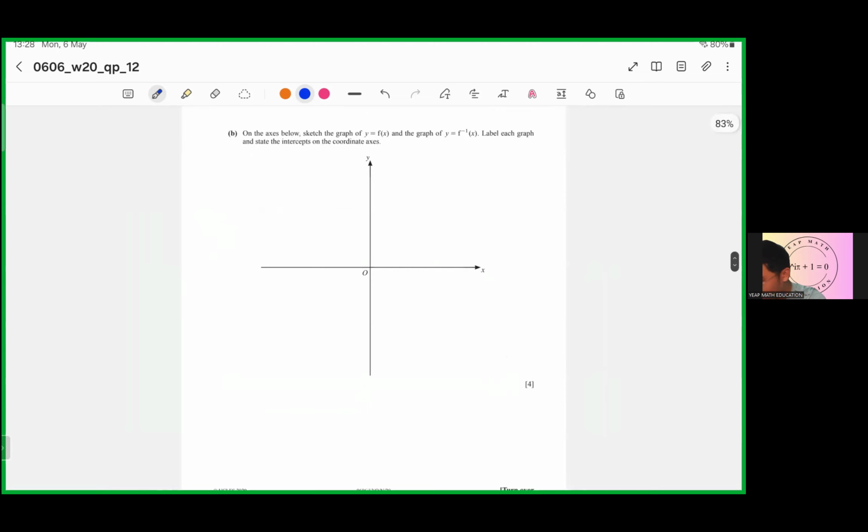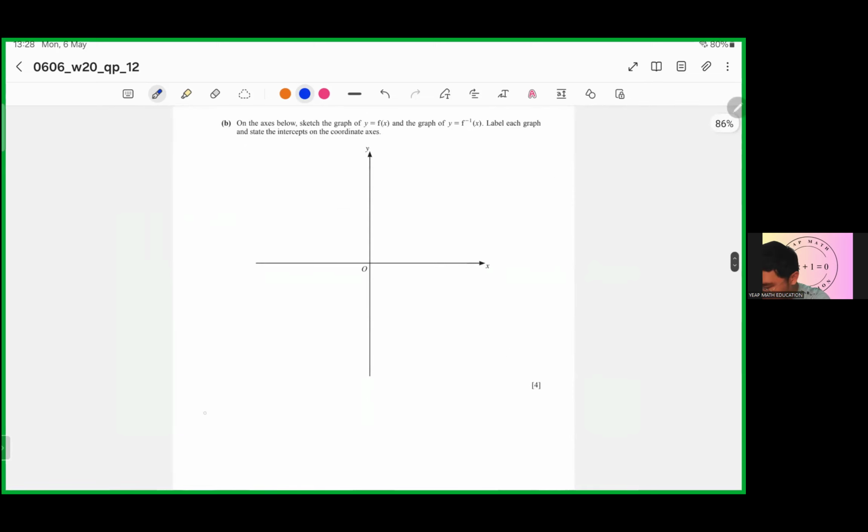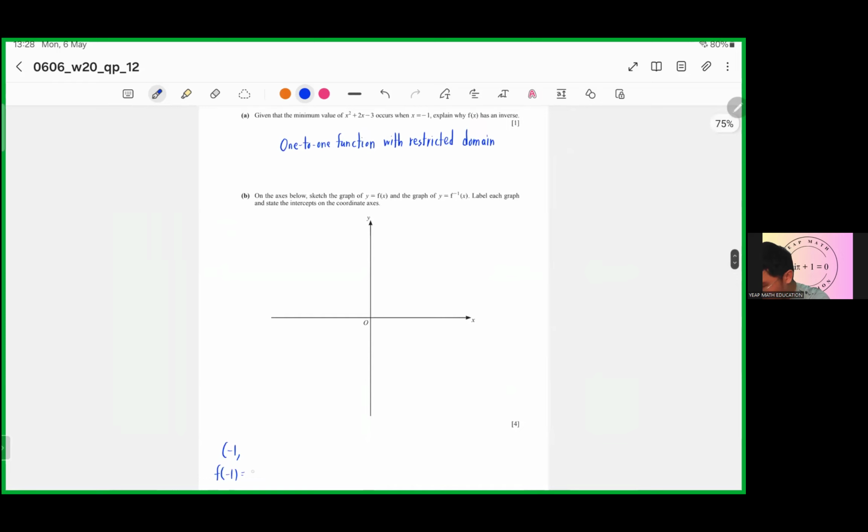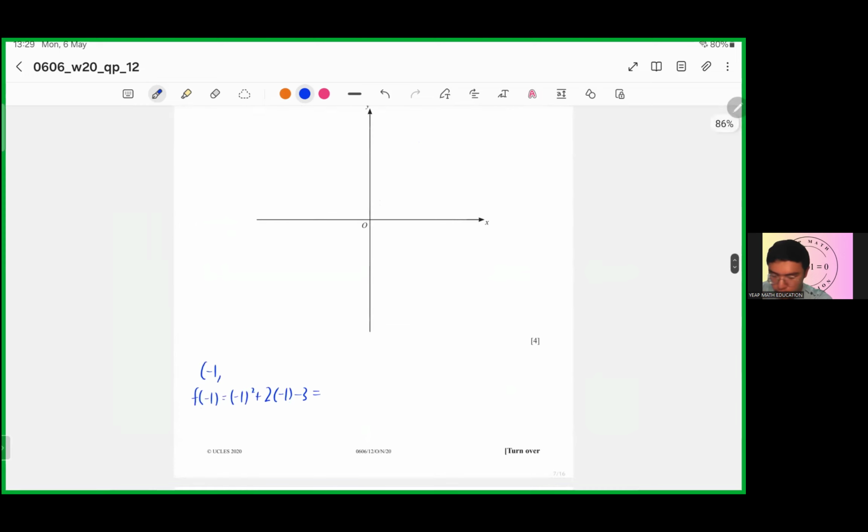So we can find negative one, and then we can put in f of negative one. We can find negative 1 squared plus 2 times negative 1 minus 3. So what's the value?